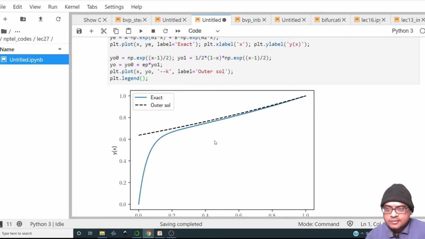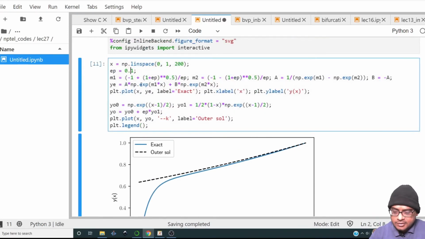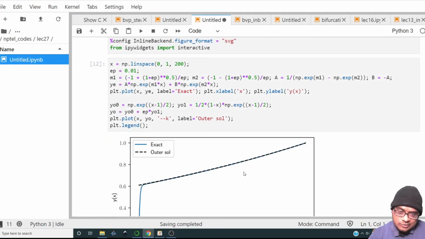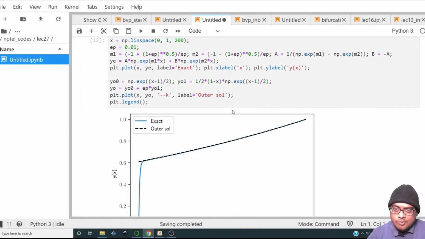So it satisfies, and as epsilon becomes smaller, the approximation becomes better. But what is the caveat? Obviously, the outer solution has been found using only one boundary condition, that is, the boundary condition at x equal to 1. We have nowhere utilized the other boundary condition, that is at x equal to 0.